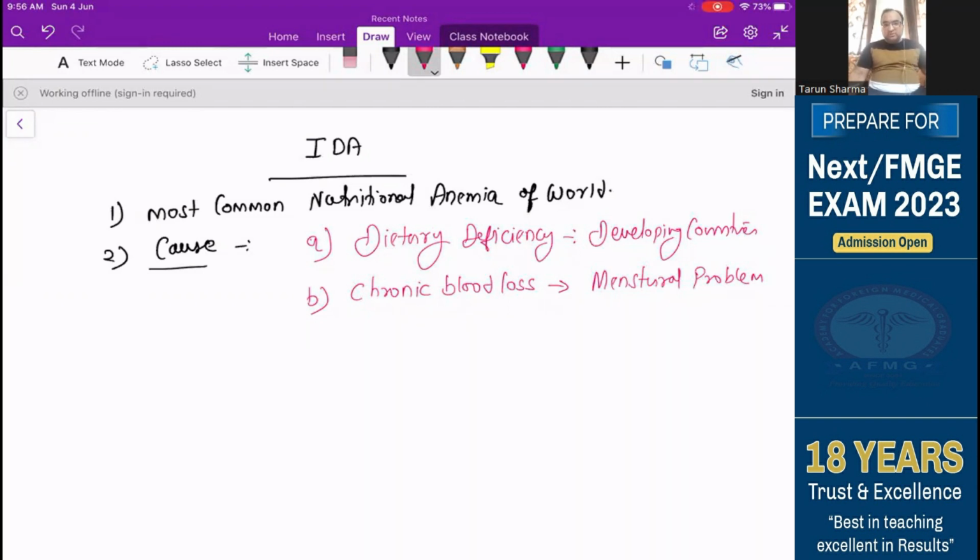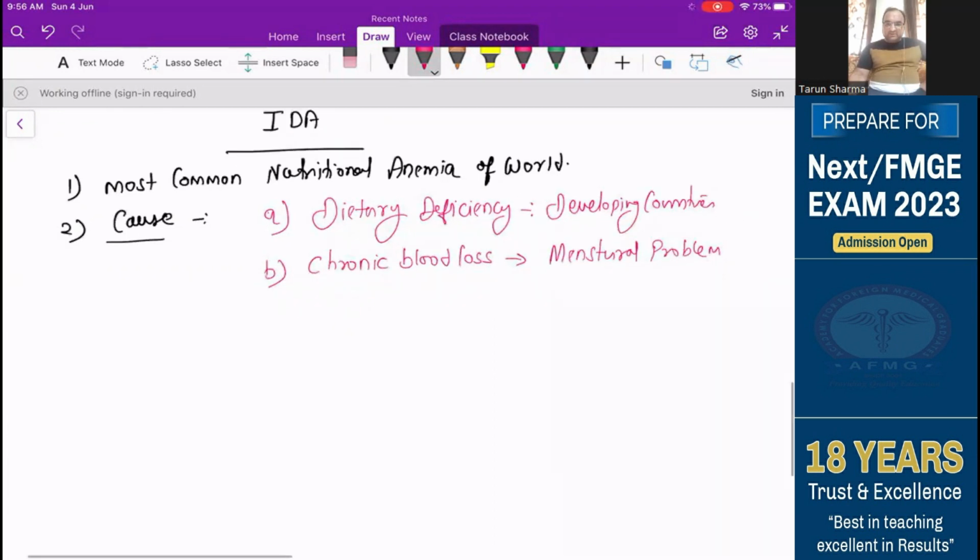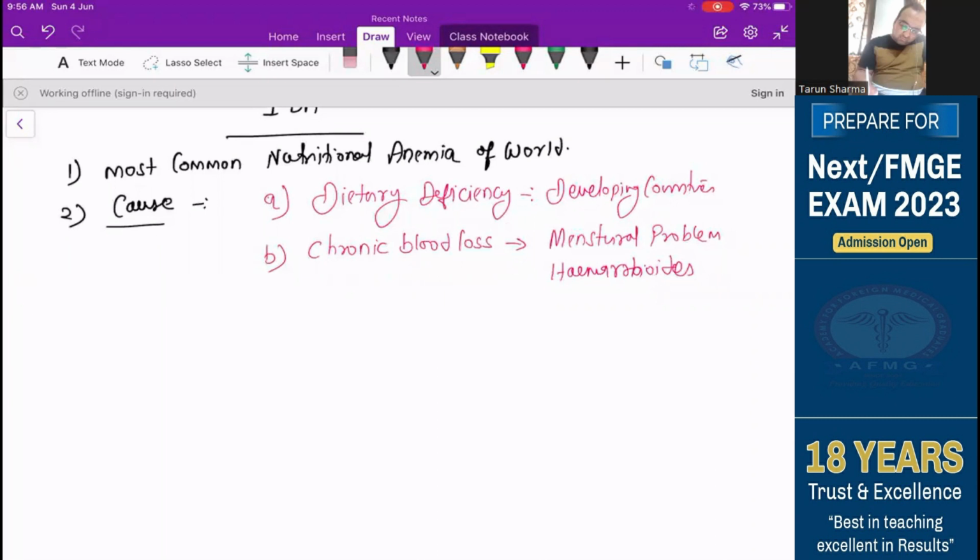At that time the female loses a huge amount of blood for a longer duration, and the patient will have an iron deficient state. So menstrual problem is one of the causes. Then there can be hemorrhoids, also called piles. Piles are a very common condition where you will see chronic blood loss.